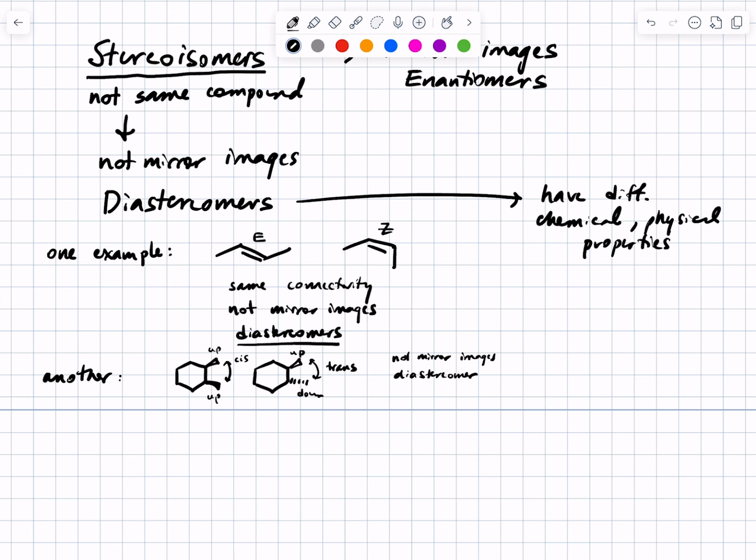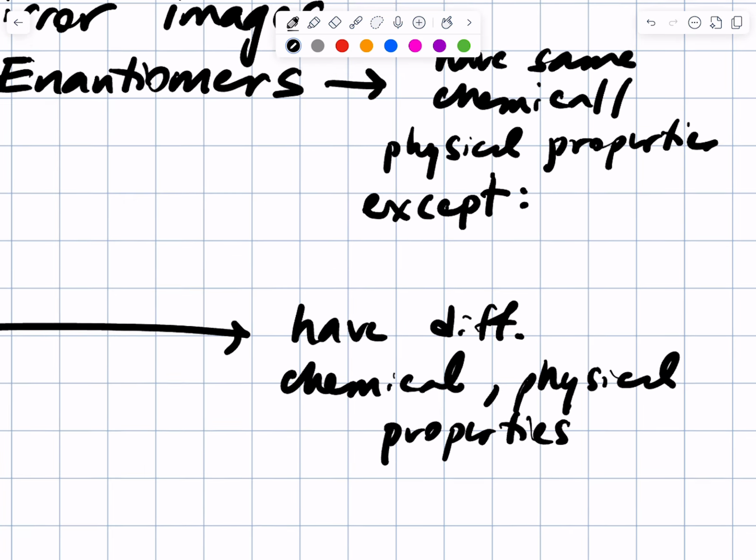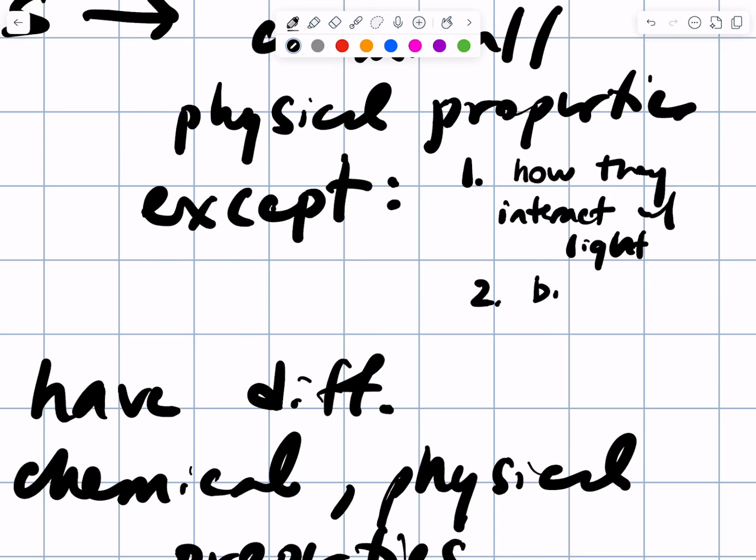Enantiomers, you will see molecules that are mirror images of each other have the same chemical and physical properties, except there are two exceptions, and only two. The first is how they interact with light. And the second is how they interact with biology.